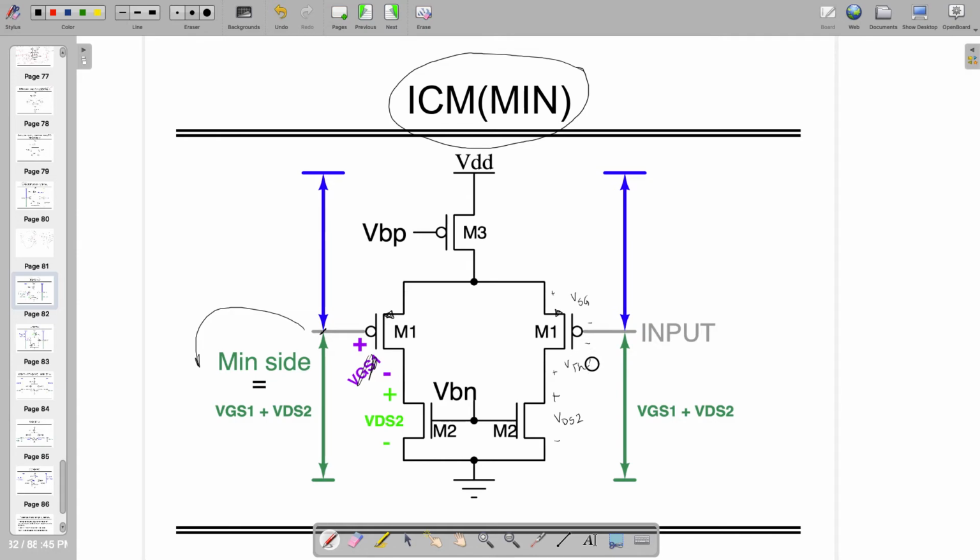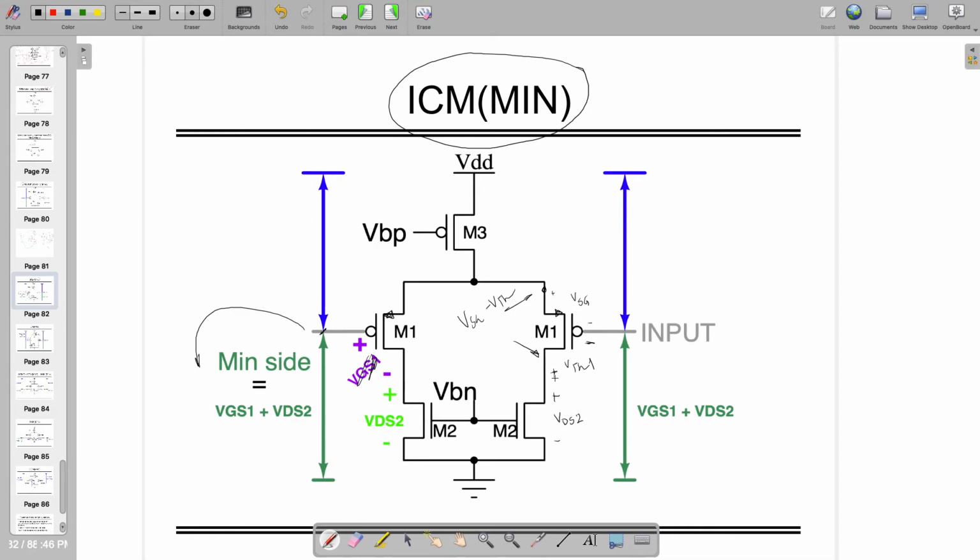So in that case, you can denote it as VTH1, because from here to here I'm expecting to have, right? Or you can write down VSG minus VTH, right? So in that case, it has to be like this.